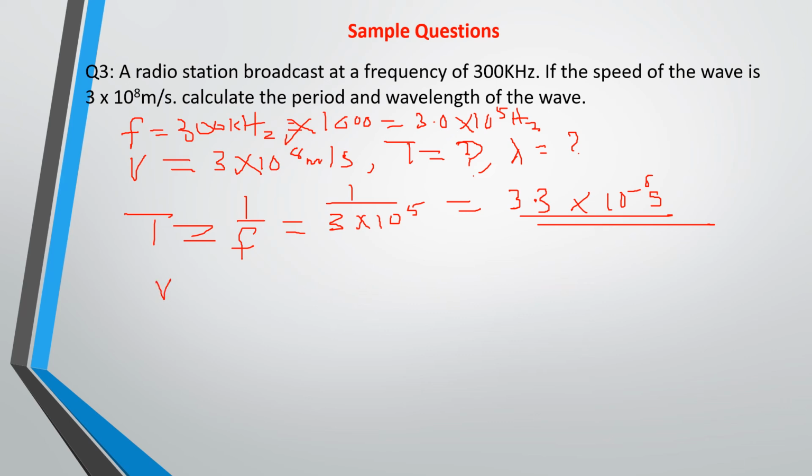Okay, so we had velocity is lambda f, and then wavelength is equal to velocity all over frequency.